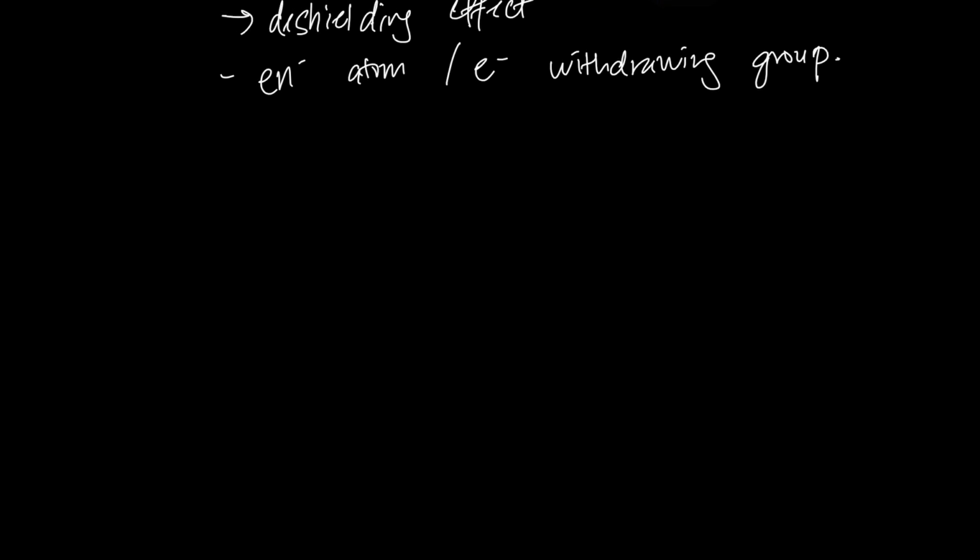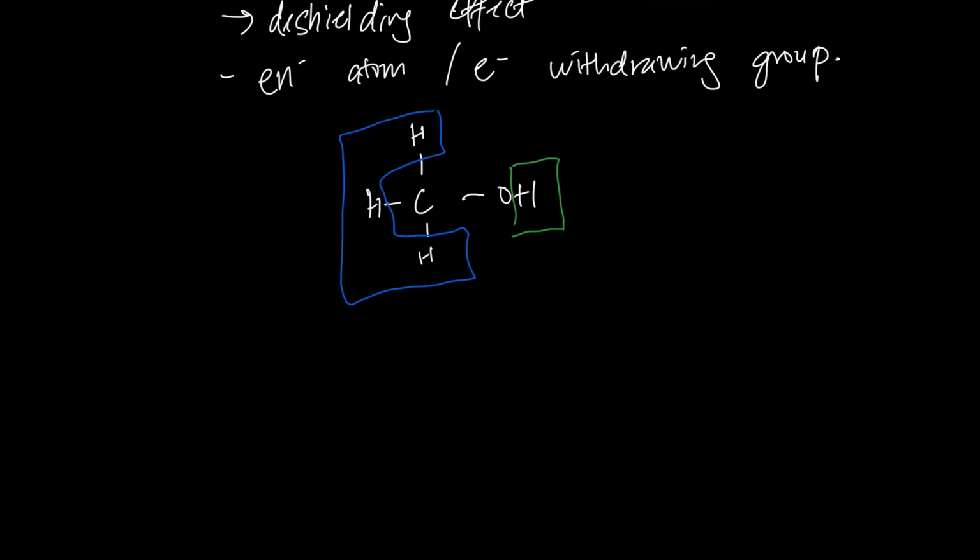Let me give you some examples. So let's look at this methanol. As you can see here, these three protons will give you one signal, and this proton is another signal.